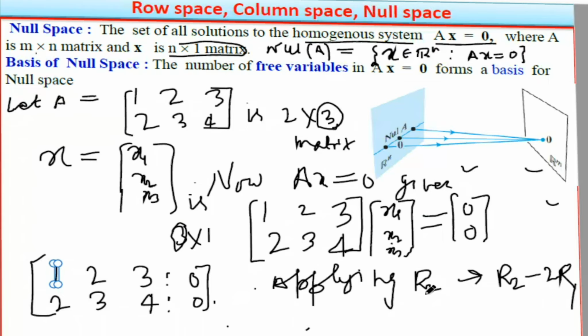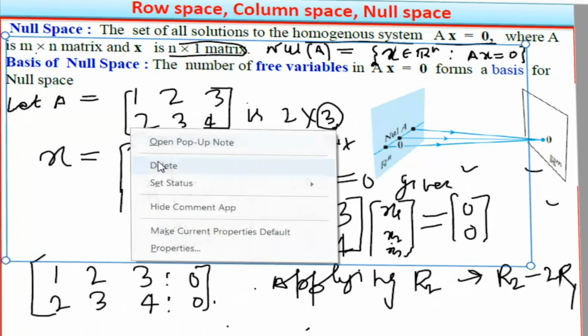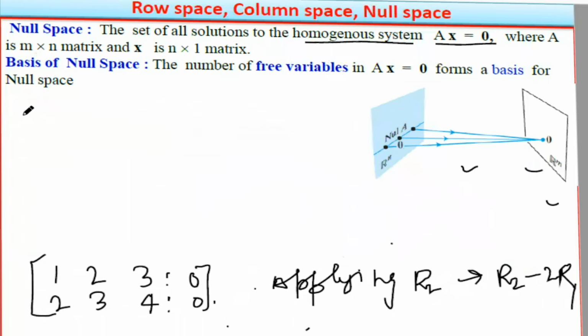Applying R2 changing into R2 minus 2R1, we get the equivalent augmented matrix: 1, 2, 3 with 0, and 0, minus 1, minus 2 with 0.